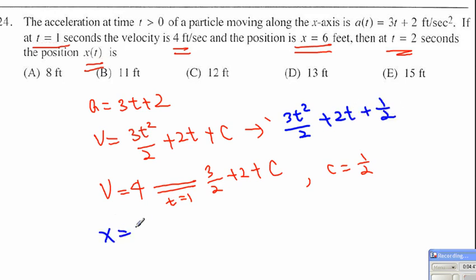Now, when you go for the position, we take another antiderivative, and we end up getting t cubed over 2 plus t squared plus 1/2 t plus c. Now, here, when you plug in 1, you end up getting 6.